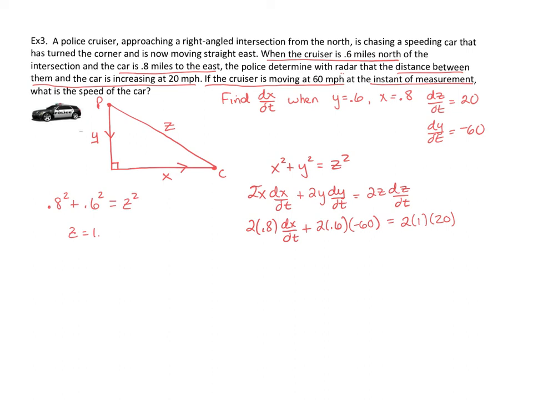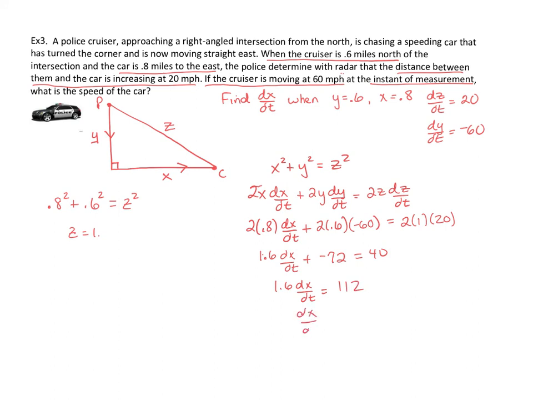That's wonderful. So now I've got 1.6 dx/dt plus 2 times 0.6 times negative 60, which is negative 72, and that's going to equal 2 times 20, which is 40. 1.6 dx/dt is going to equal 112 when you add 72 to 40.